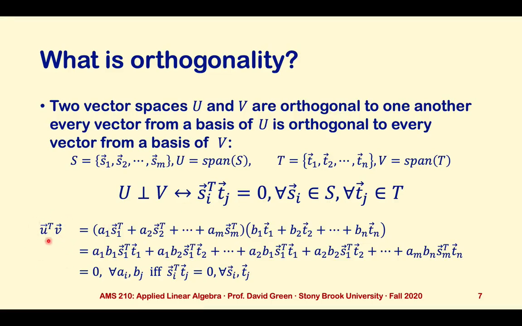Well, we can see that as represented here. If u is some vector from vector space U, and v is some vector from vector space V, then u can be written as a linear combination of the vectors from S. And v can be written as a linear combination of the vectors from T. If we think about what this product of two linear combinations looks like, it's a sum of terms that all have the general form of whatever the constant was for, say, S1, whatever the constant was for T1, times the dot product of S1 and T1.